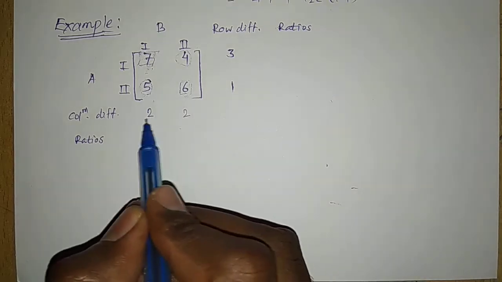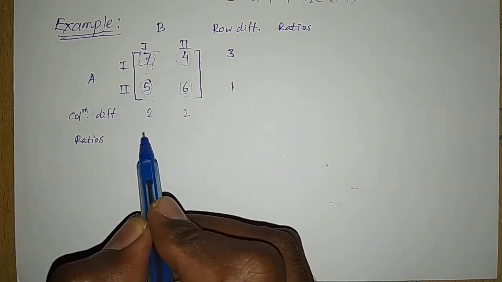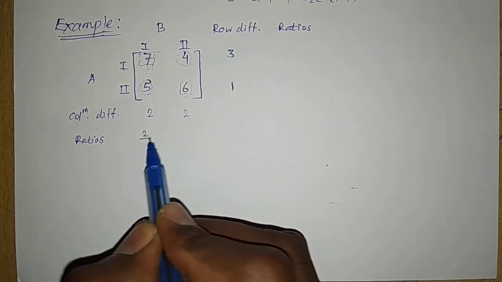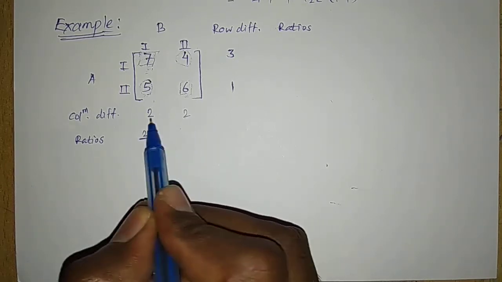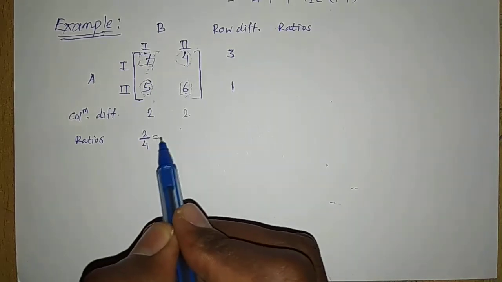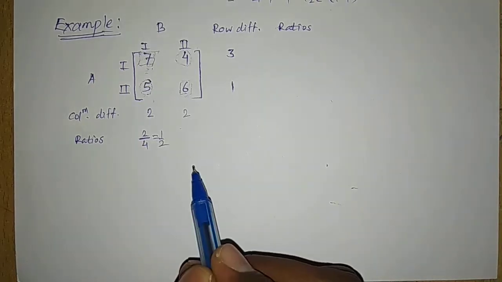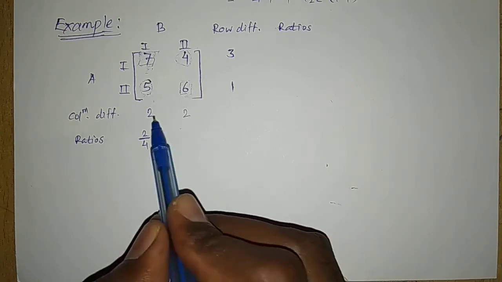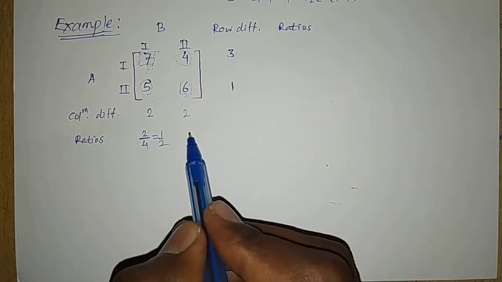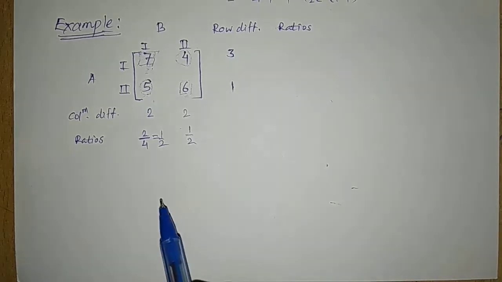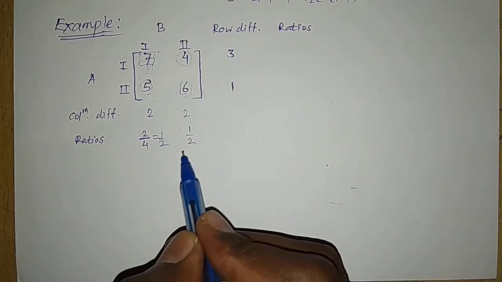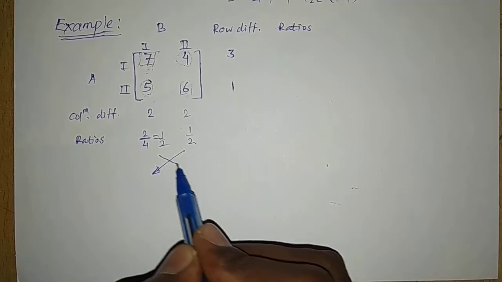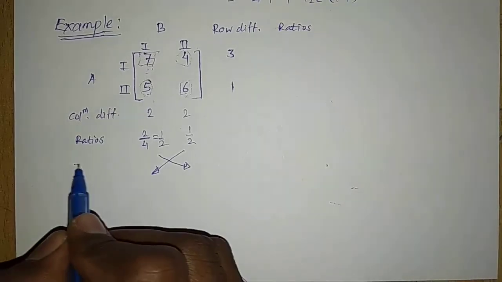So the first ratio will be 2 upon the sum of these two differences, that is 4, so it will be 1 by 2. Similarly here the ratio will be 2 upon the sum of differences, so it will be 1 by 2. And then we have to interchange the ratios.